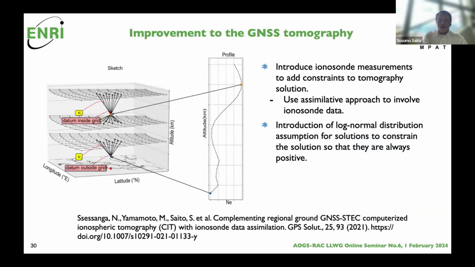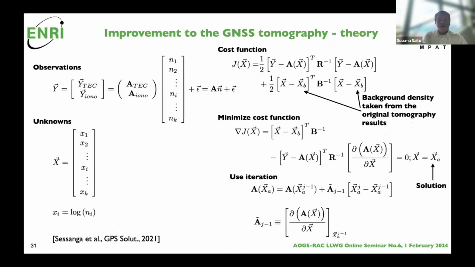And also another point is to estimate the electron density as positive definite. But basically, it is an assimilative process. So first, we estimate the original tomography and modify the results of the original tomography by introducing the ionosonde measurement.